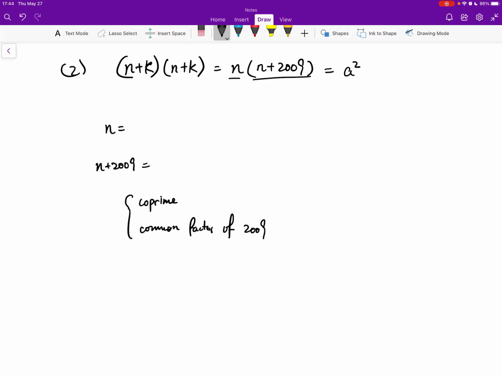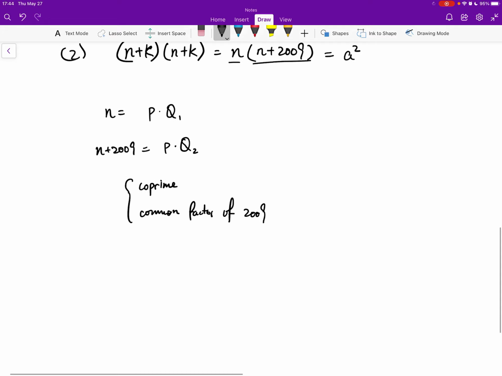So why is that? Let's say that they have a common factor, which is p. N equals p times q1, and n plus 2009 equals p times q2, because there are different quantities multiplied by that number.